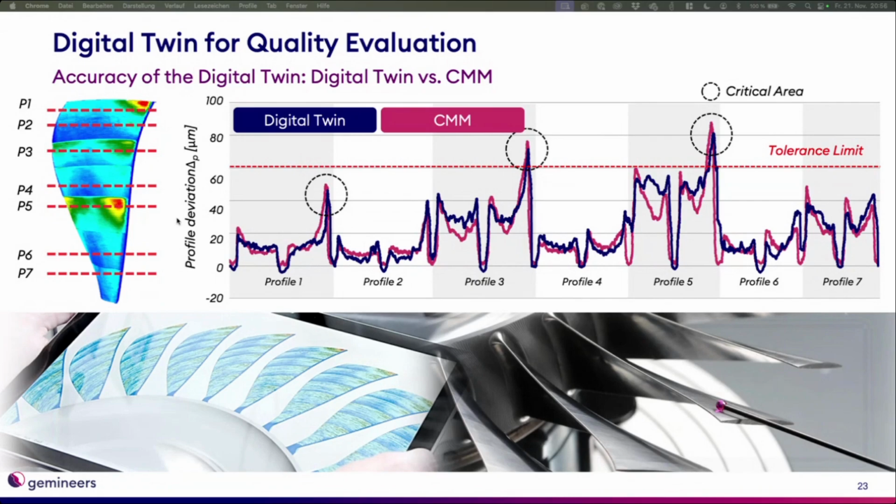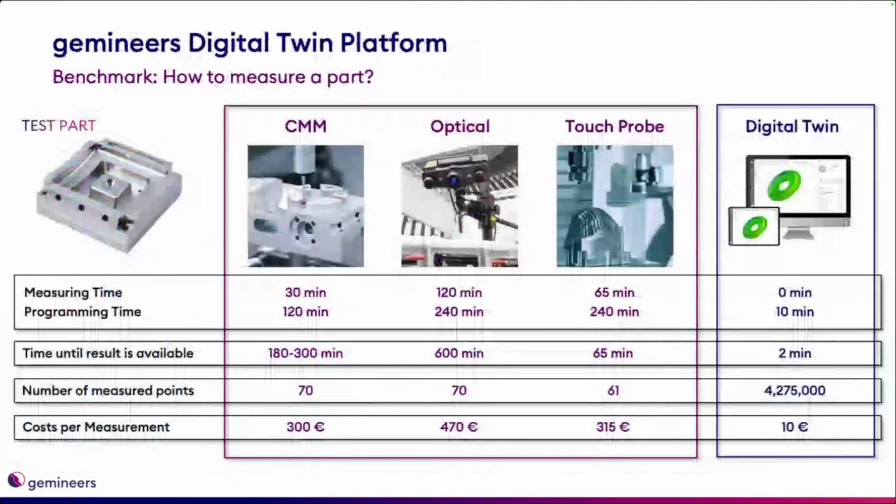Overall, the average feedback from our customers is a quality of around plus minus 10 microns compared to other measurement systems, because you have different advantages and disadvantages for each measurement tool. Measuring time is really fast because it's on the fly.